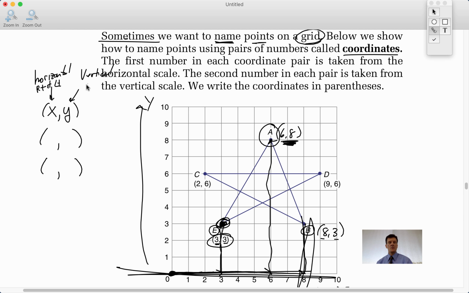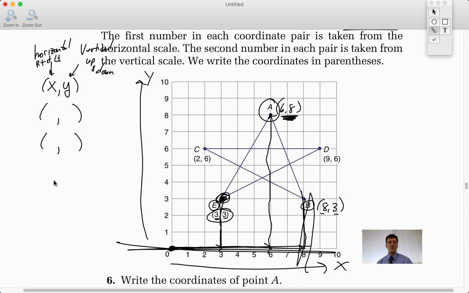Vertical. And that would be up and down. Okay? So you can put them like that, a whole series of ordered pairs, or you could also make a table. And just make a table where the X numbers are going to be separated by the Y numbers, and you just pair them up that way.